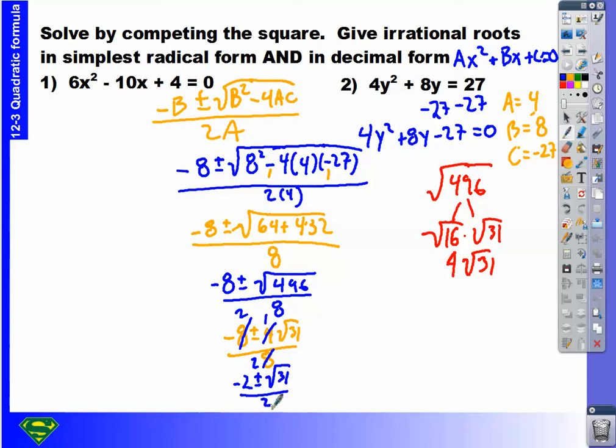So now, it's time for us to go into positive and negative world. But before we do that, I want to point out that this here, that is the answer in simplest radical form. So in positive world, we are going to have that negative 2 plus the square root of 31 over 2. In negative world, I'm going to reduce this piece here, if it lets me.